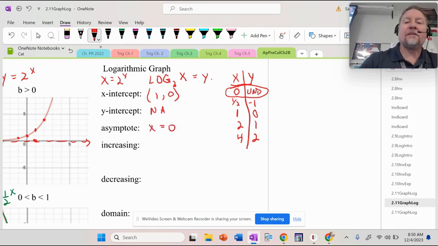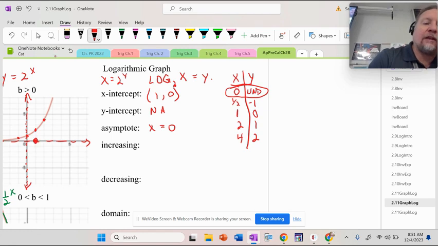This is this behavior. This is the 0 being undefined. 0 for x is undefined. That's the first boundary level. And then I already graphed 1, 0 right here. But then here's the symmetric point to it: -1, a half.